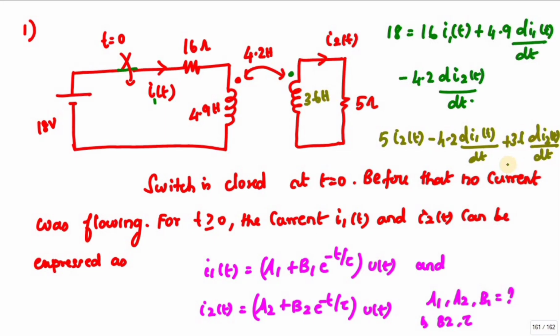I hadn't mentioned it before, so here I add it, and that is equal to 0. On solving these two equations, I can find the values of I1 and I2.